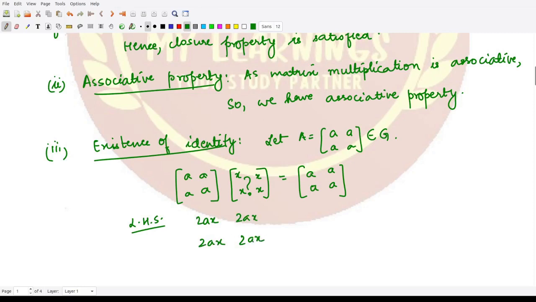So we are looking for the value of X. This is solving simple algebra, so this would reduce to a simple equation.